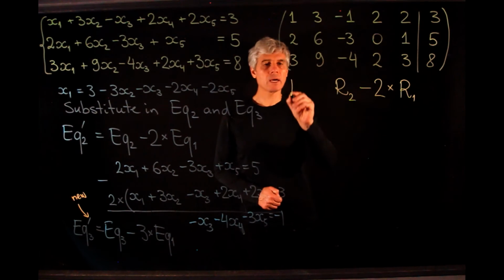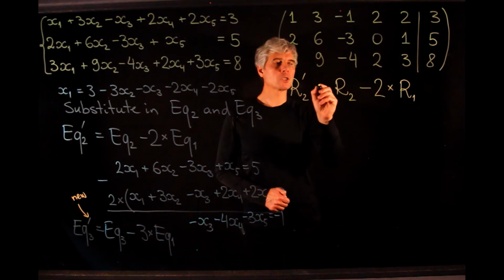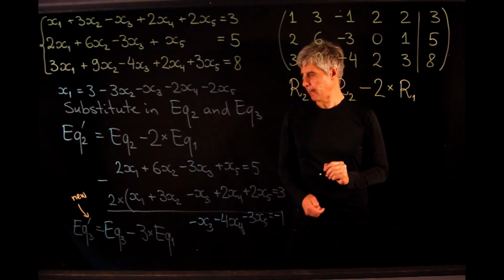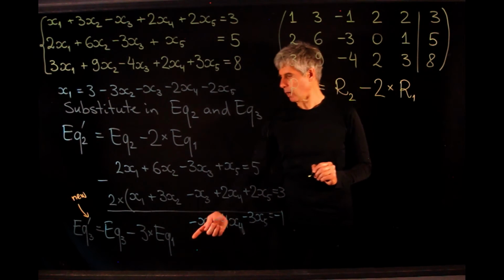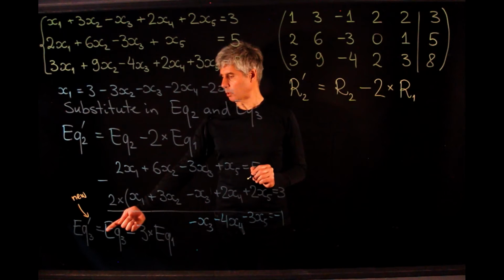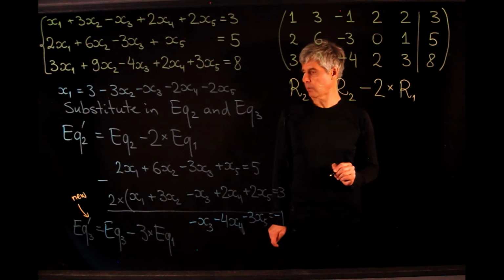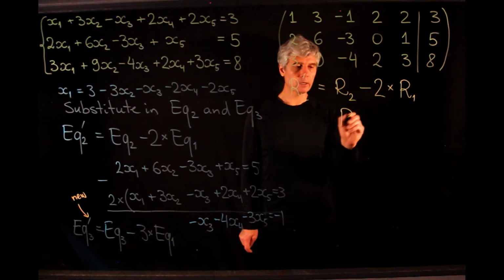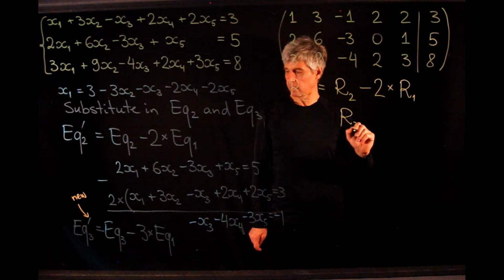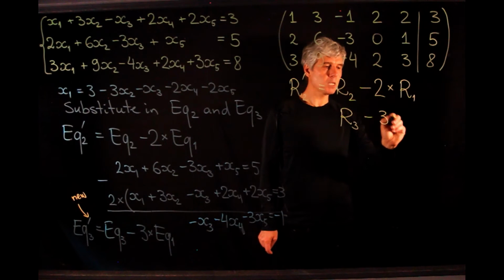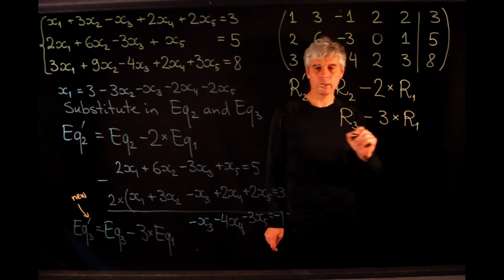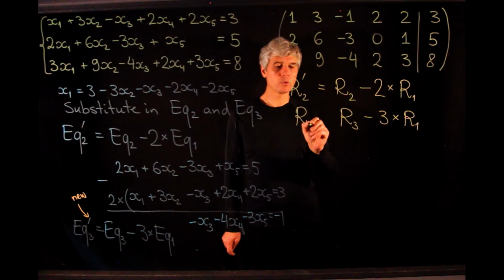And this is our new row 2, which we will denote with the prime. And likewise, to transform equation 3, we will take row 3 minus 3 times row 1. And this will be our new row 3.